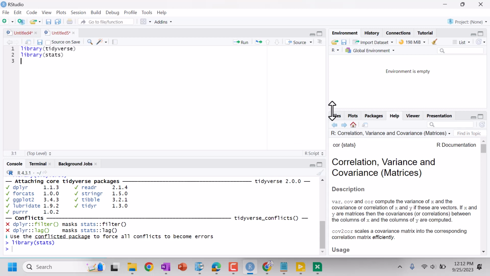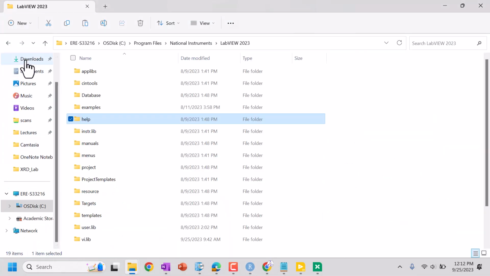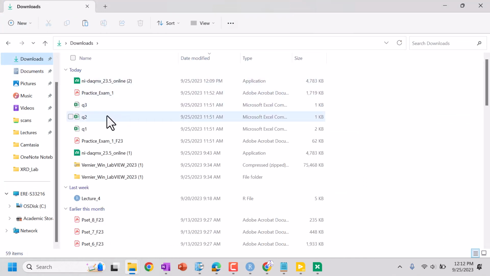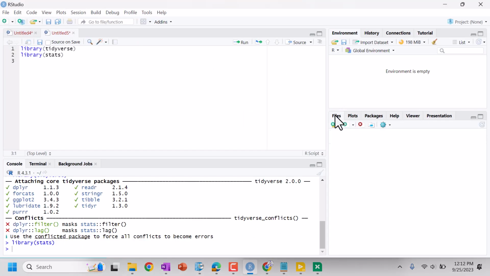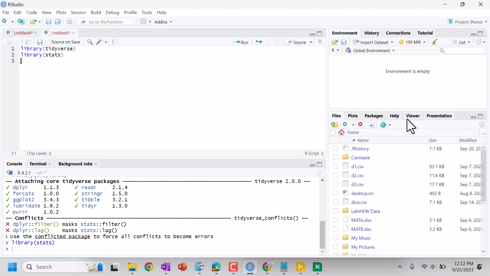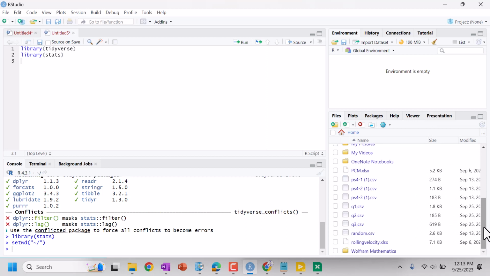But let's also pull in from our downloads here. Let's pull in these data sets and put them into our documents, Q1234. Let's go to our files, go home, and set this as our working directory. Then let's read in those files. Here we go.